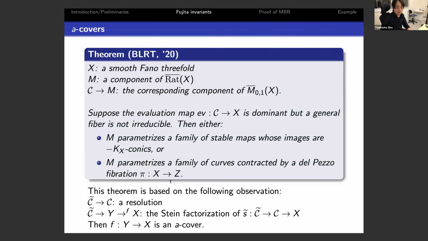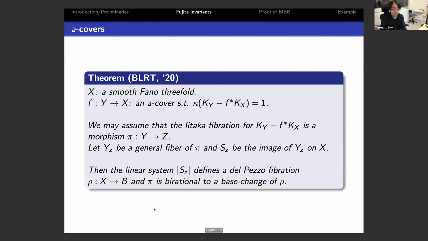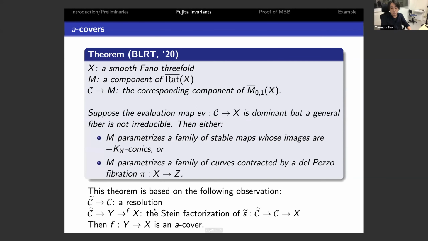In this way, one can prove that this is an A cover. And then A covers are completely classified by those lemmas and theorems. Essentially, there is no A cover whose adjoint divisor has Iitaka dimension 0. So the only thing it factors through is a family of conics or a Del Pezzo fibration. Mainly, that's the idea of this proof.